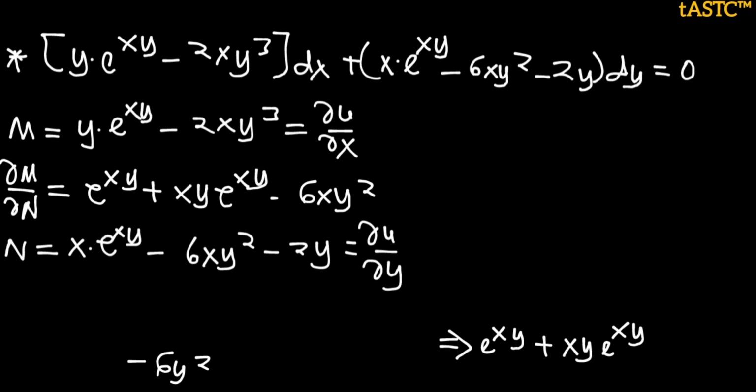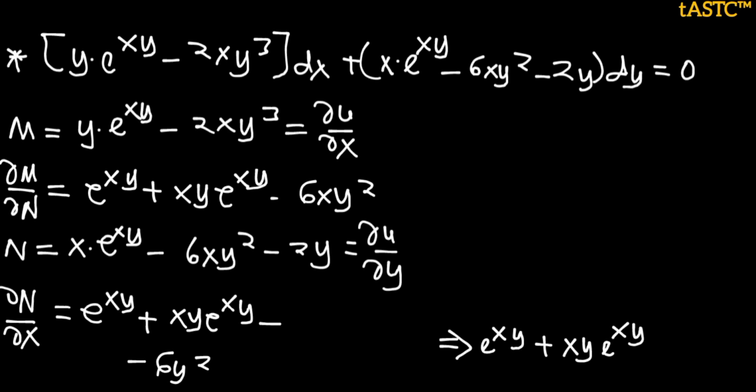So in this case, we know that partial n, partial x, that is going to be equal to e to the xy plus xy e to the xy. And here we're going to have a minus 6y squared. So that is basically it.